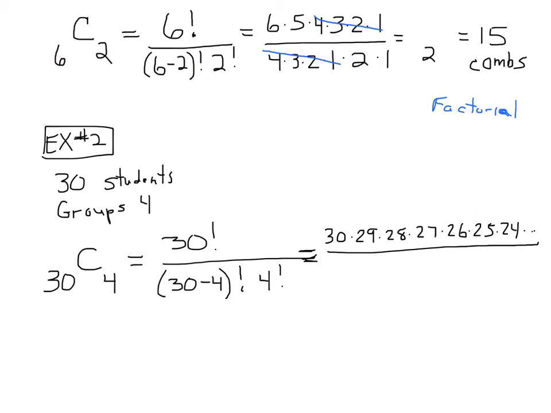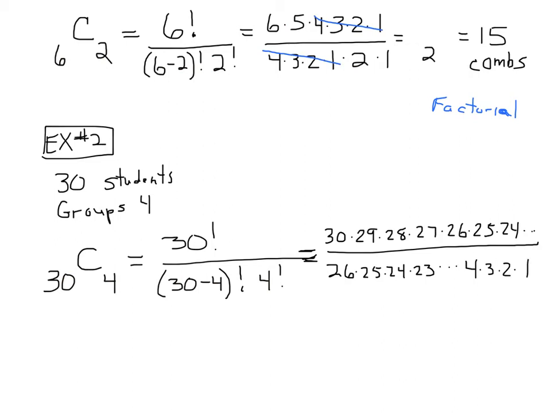That's okay. Now, 30 minus 4 is 26 factorial. So I'm going to go 26 times 25 times 24 times 23, and I'm going to keep going, but I don't really want to write them all. I know it goes all the way down to 1, and then I have 4 factorial: 4 times 3 times 2 times 1.